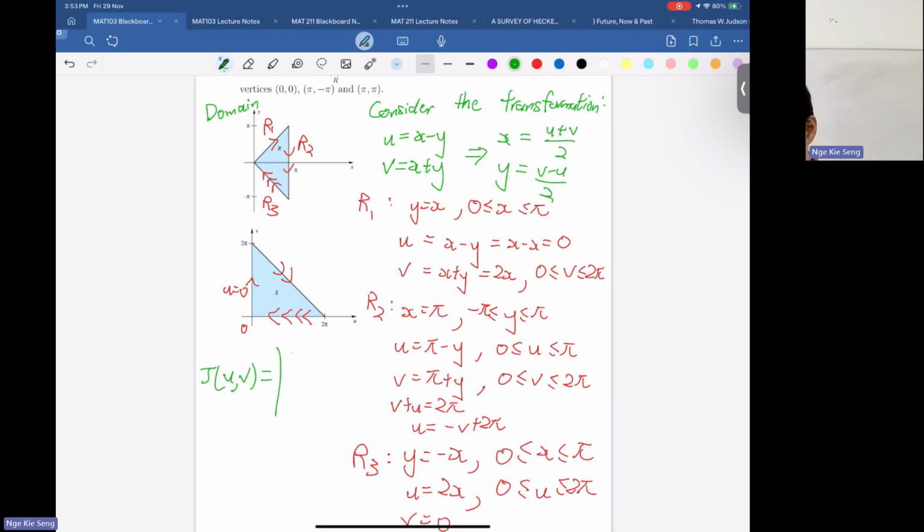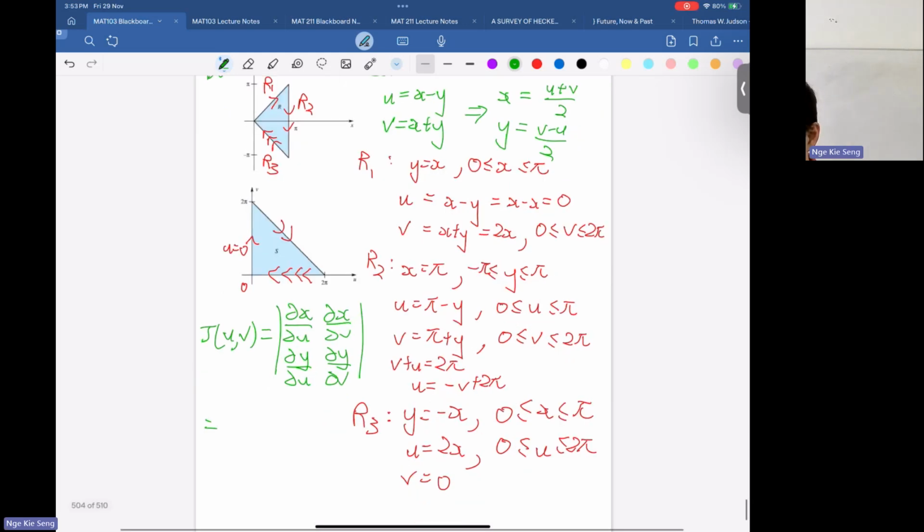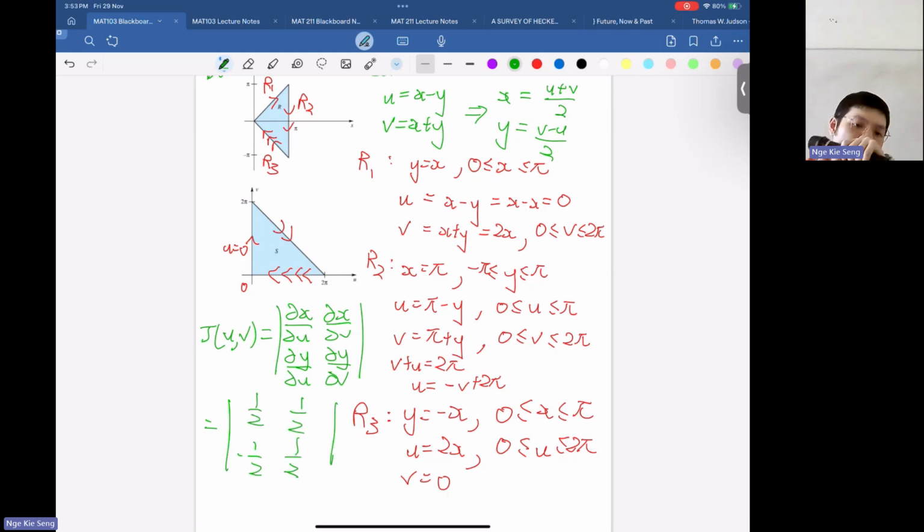If you follow the order, it is del x del u, del x del v, and then del y del u, del y del v. In this case, if you quickly compute, it's half, half, minus half, and half. So in this case you are just stretched by a constant. In polar coordinates, you stretch by the radius.